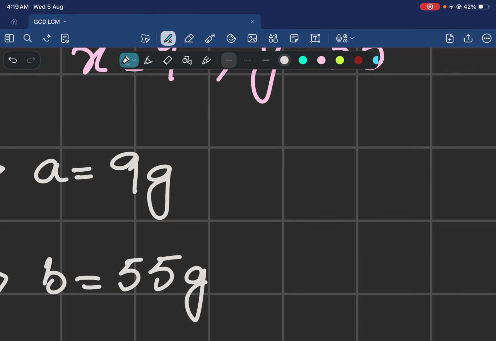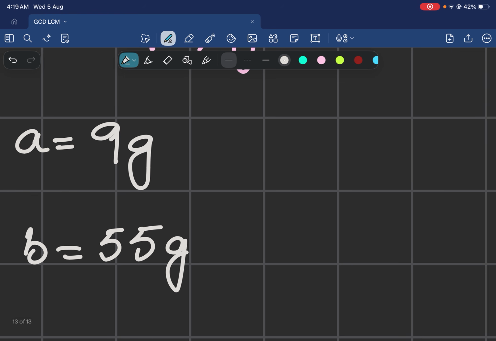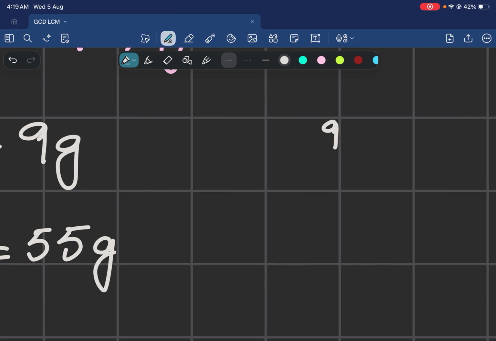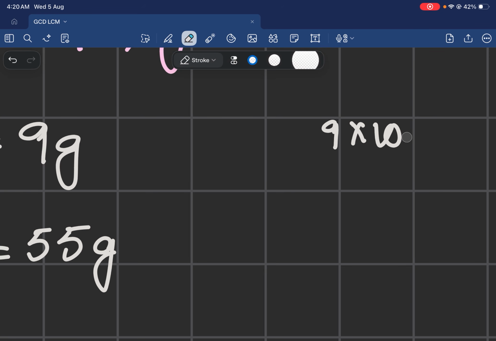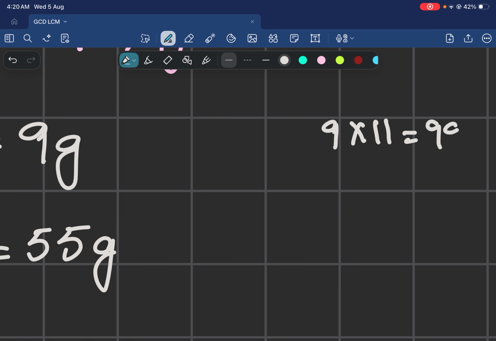so b is equal to 55g. So what can I take as the minimum value of g? It must be at least 100 for a. If I take g as 10, then this would be 90. No, we need even greater. If I check 11, it would be 99. We need greater than 100.